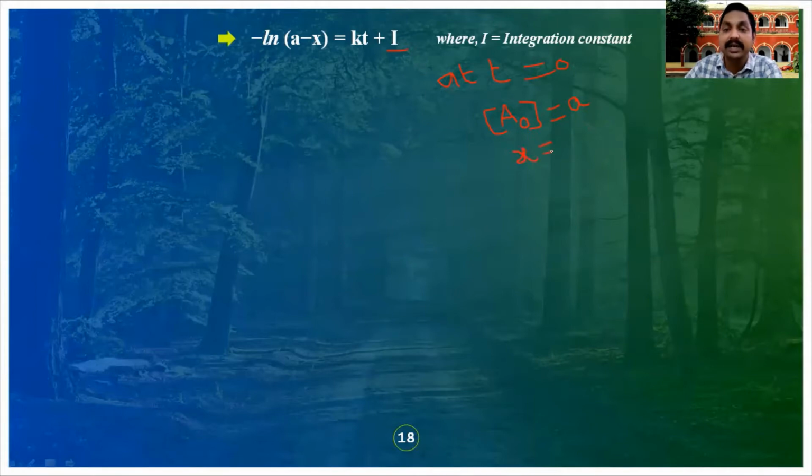What is x here? x is the concentration of A decomposed in time t. But here time t is 0, which means initially no reaction has happened, so x equals 0. Now we substitute these values in this equation. So initially at time t equals 0, x equals 0.